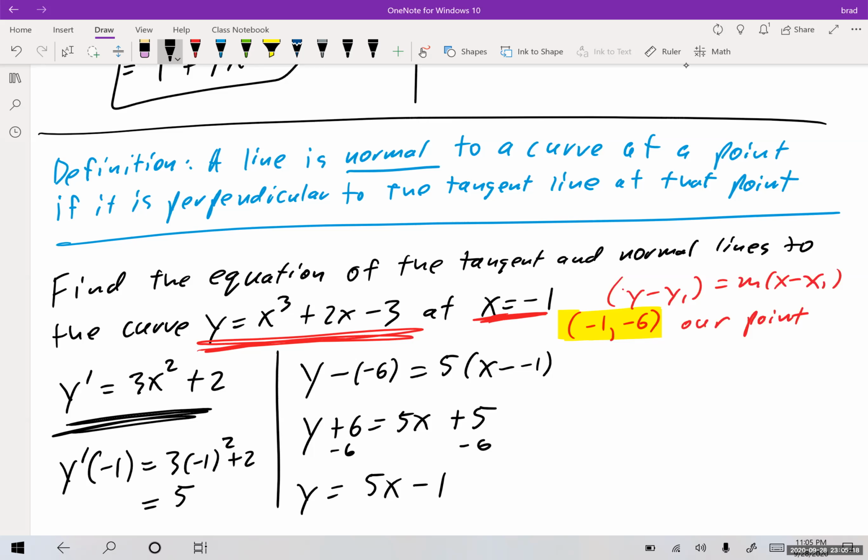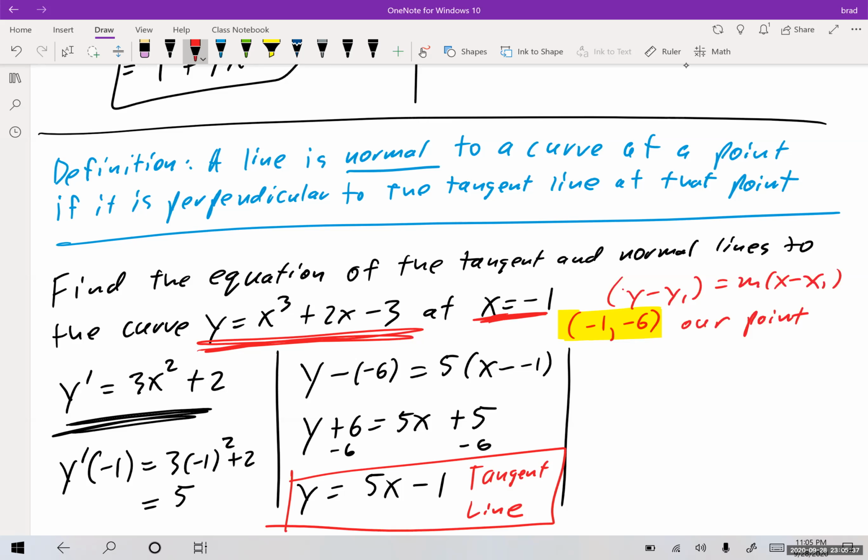Now, if we wanted to find the normal line, it says a line is normal to a curve at a point if it is perpendicular to the tangent line. So this is our tangent line, and we're going to build the normal line the same way.